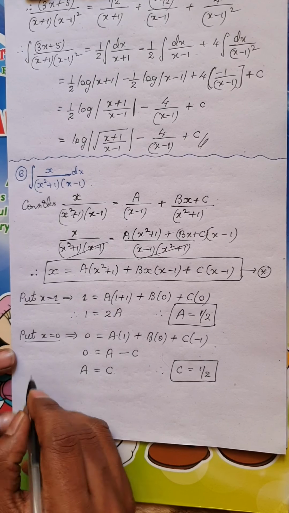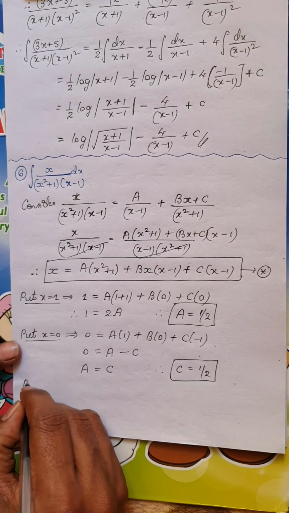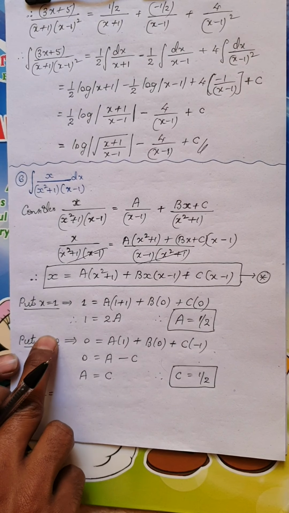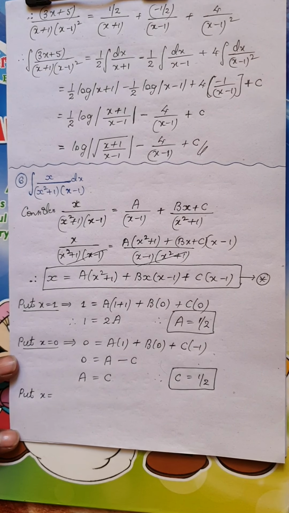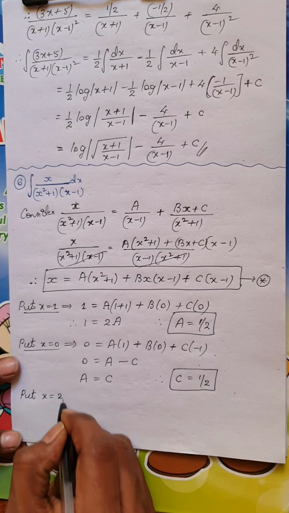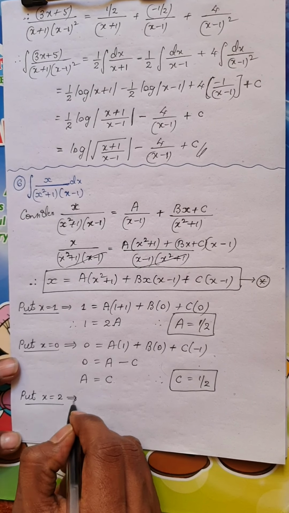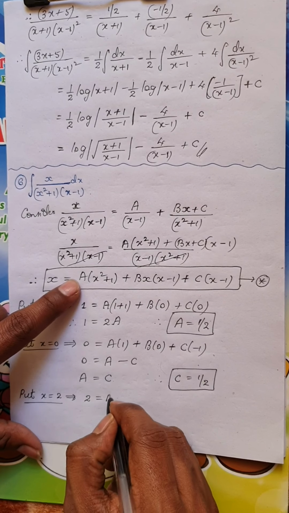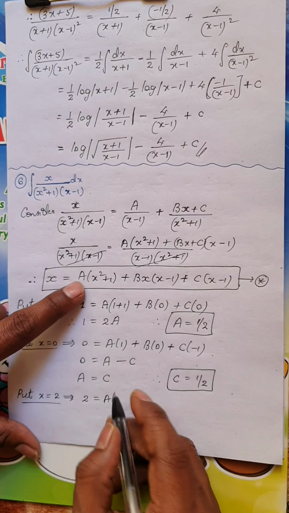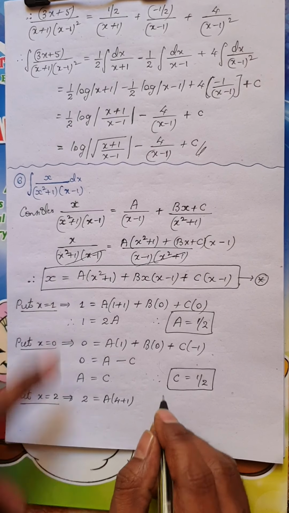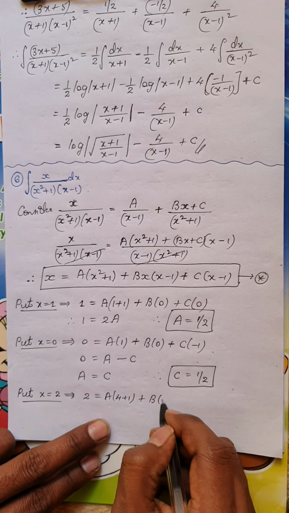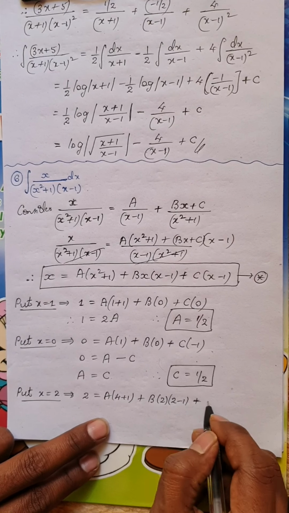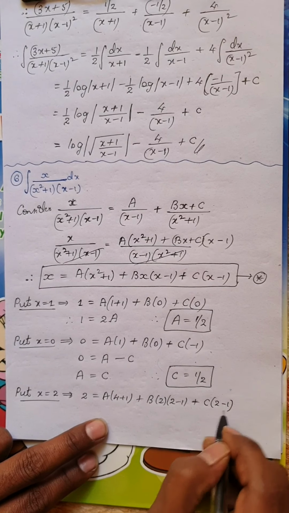Now, put any other number other than 0 and 1. Let me put x as 2. If I put x as 2, the LHS becomes 2, equal to a into (2 square plus 1), that is 2 square is 4 plus 1, so 5a, plus b into 2 into (2 minus 1), plus c into (2 minus 1).